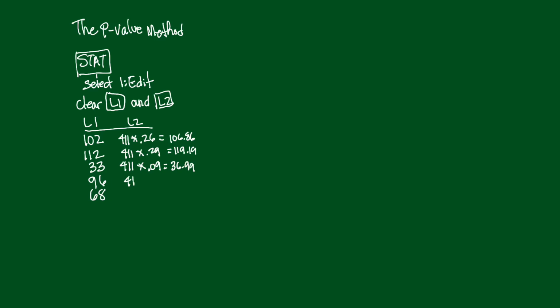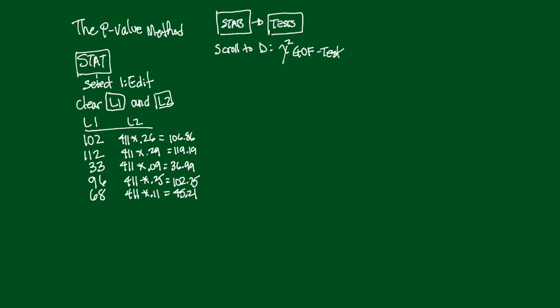Then 411 times 0.25, and that gives you 102.75. And then finally, 411 times 0.11, and that gives you 45.21. Now we're ready to go.